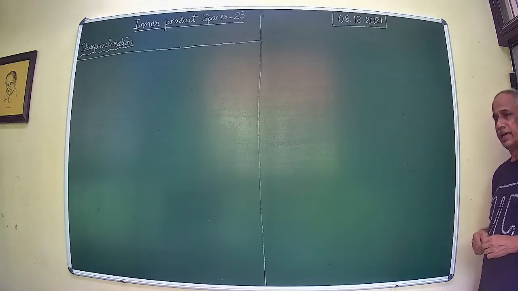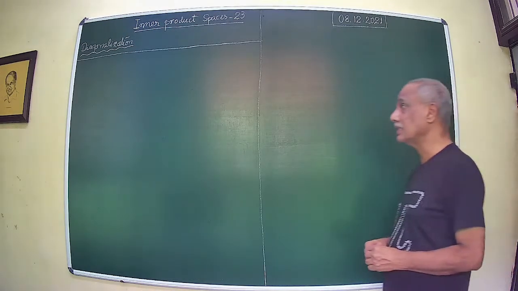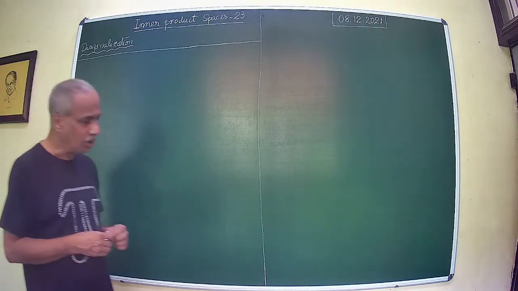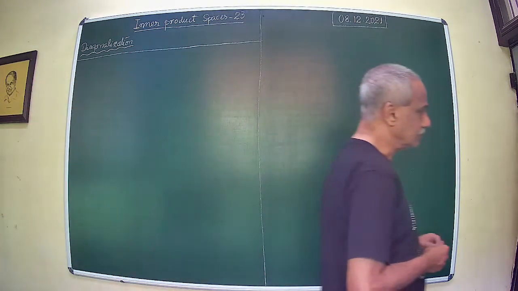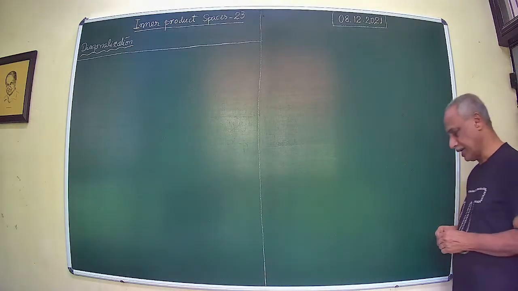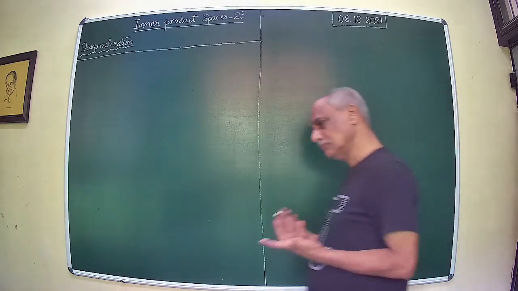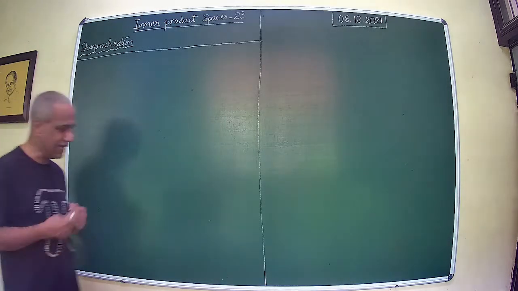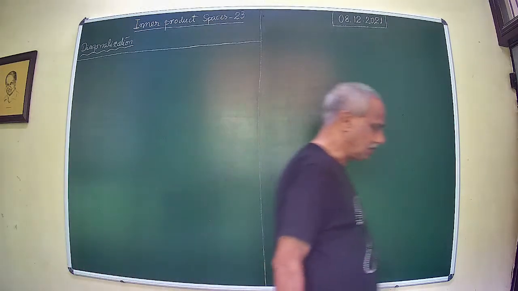Now we take up the discussion on diagonalization, which we have already seen in the context of non-inner product spaces, that is, vector spaces over a field F of finite dimension. In that case, we have even characterized such operators.